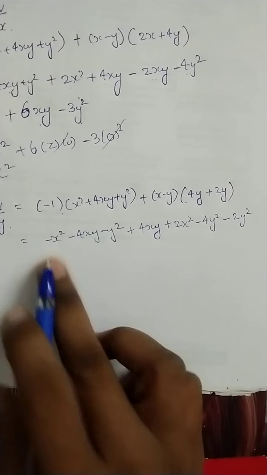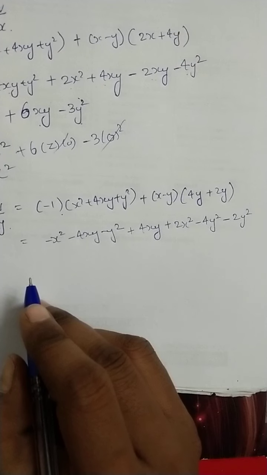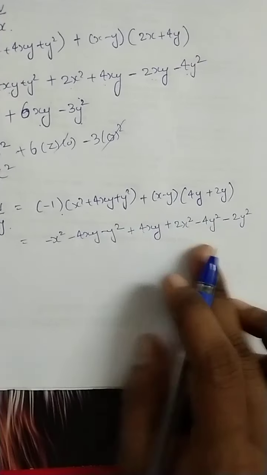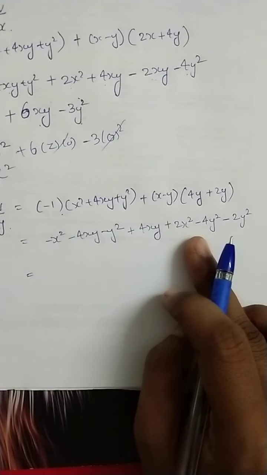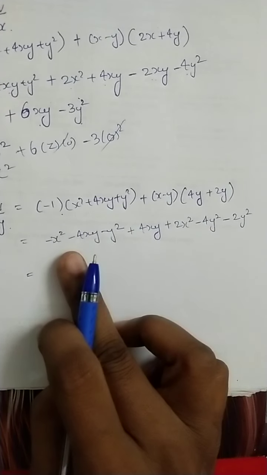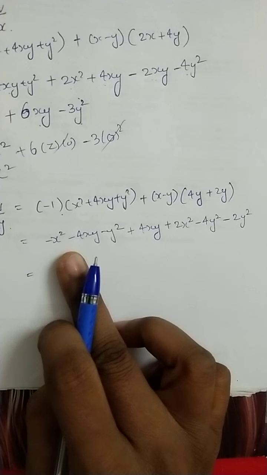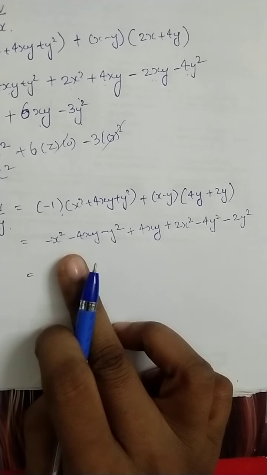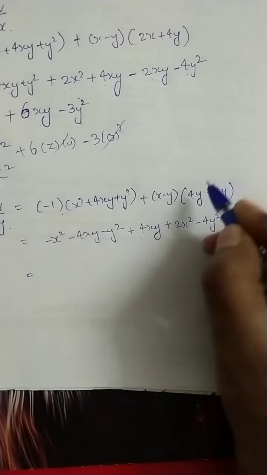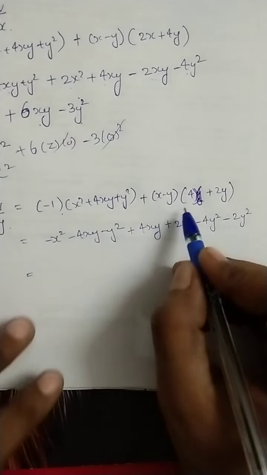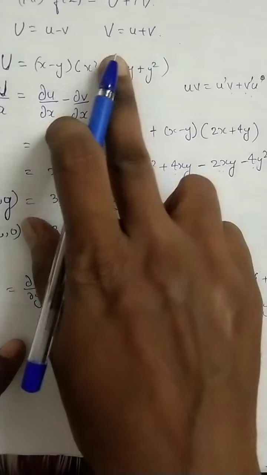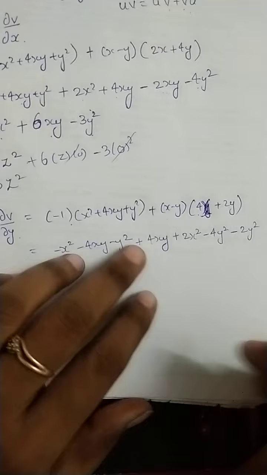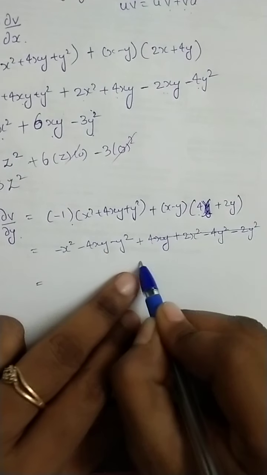Now 2x square plus x square is 3x square. Sorry, little change here. So differentiation of this with respect to y means 4x will remain. Then this part will be a little change.